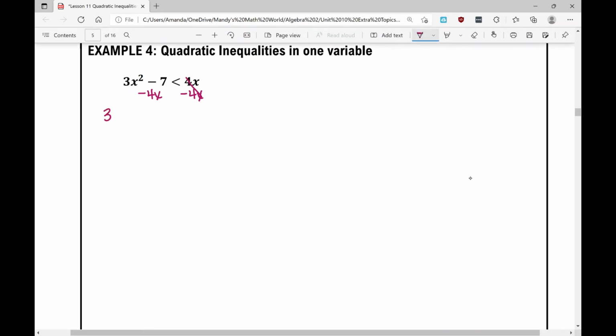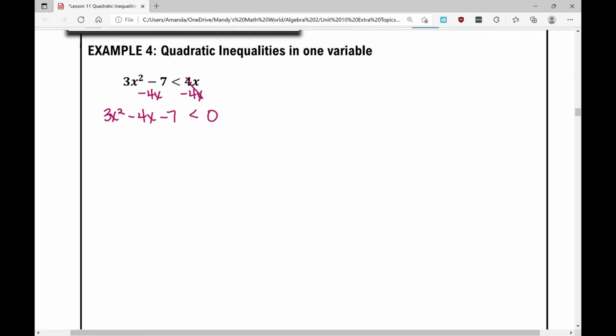So I'm going to get 3x squared minus 4x minus 7 is less than 0. Where is this quadratic less than 0? If I graphed it on a coordinate plane, where are my y values negative, right? Where is that parabola below my x-axis? And we're going to define it. Our solution is going to be the domain, right? Where in the domain is it?